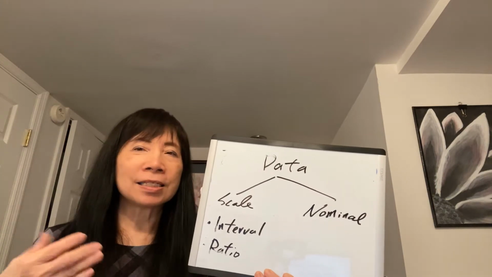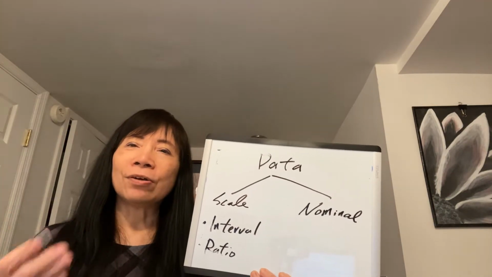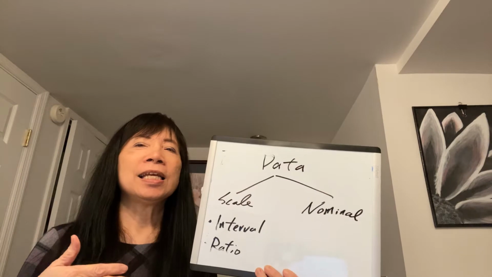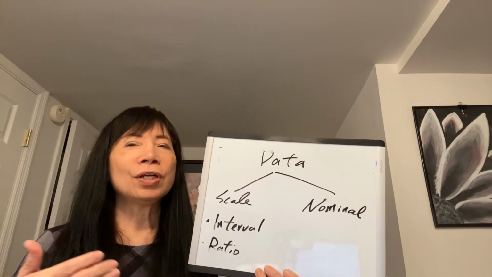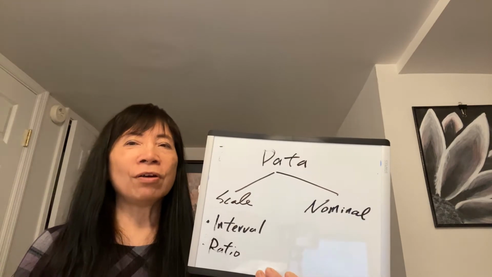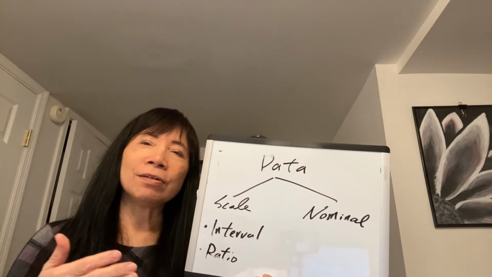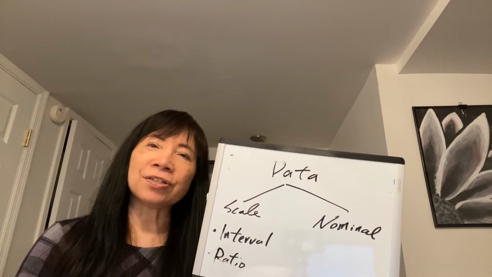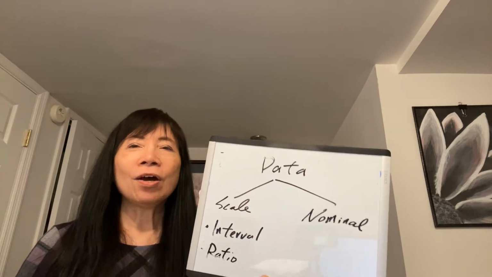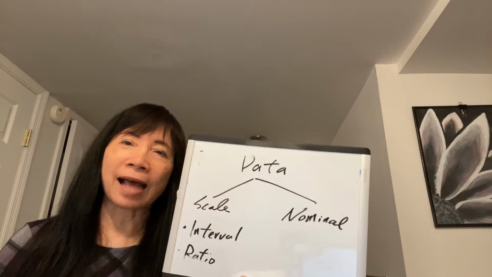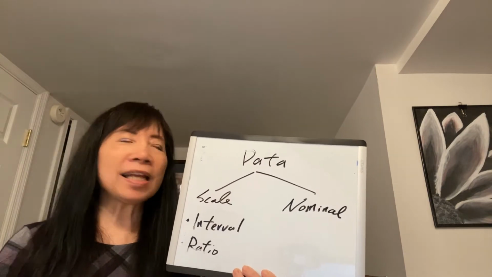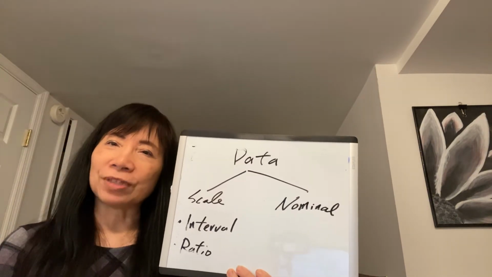Or you show a case and ask whether the person should be sentenced to jail, or how many years, or something like that, right? Or you ask, is this a sexual assault case or not, okay? Something like that we consider nominal data, okay?